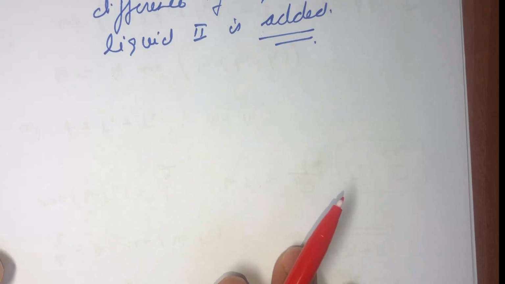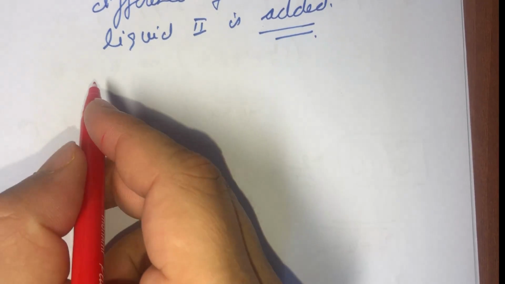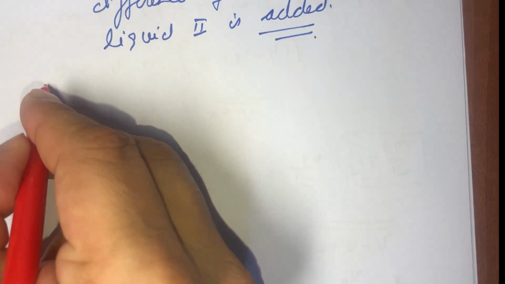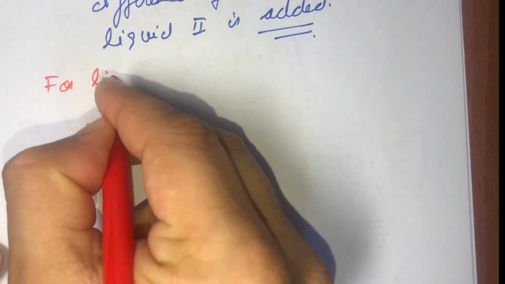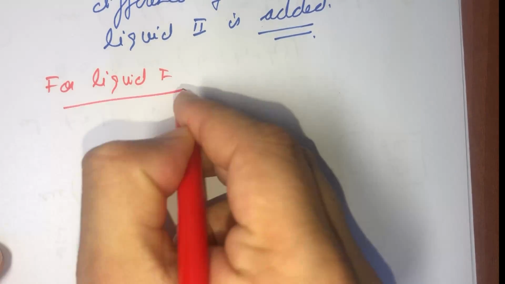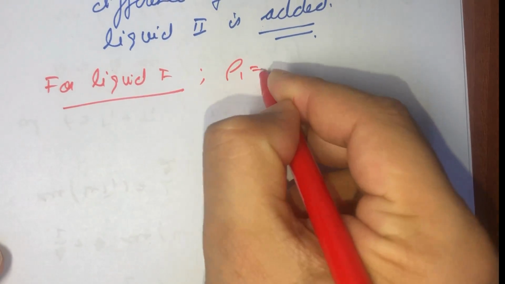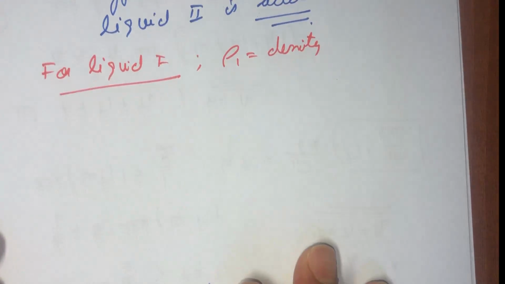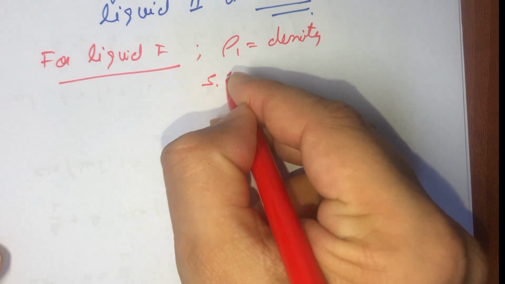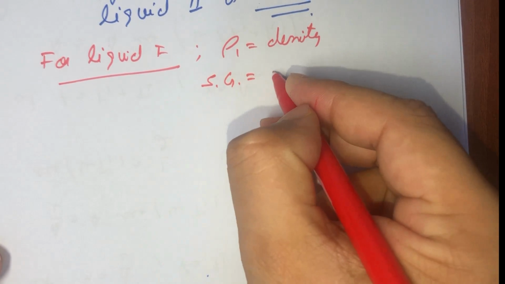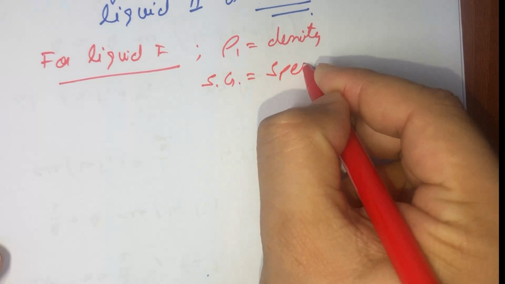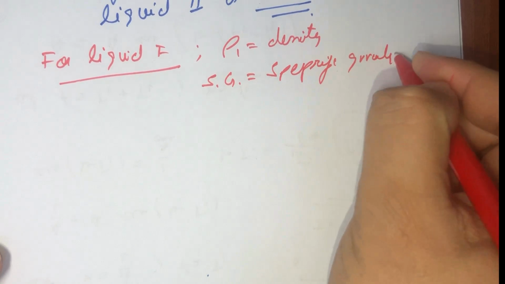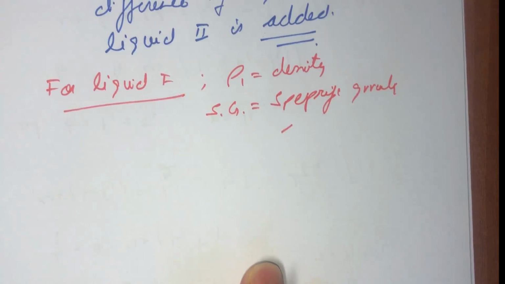And we said that for liquid 1, rho 1 is its density, and SG1 is the specific gravity of liquid 1.